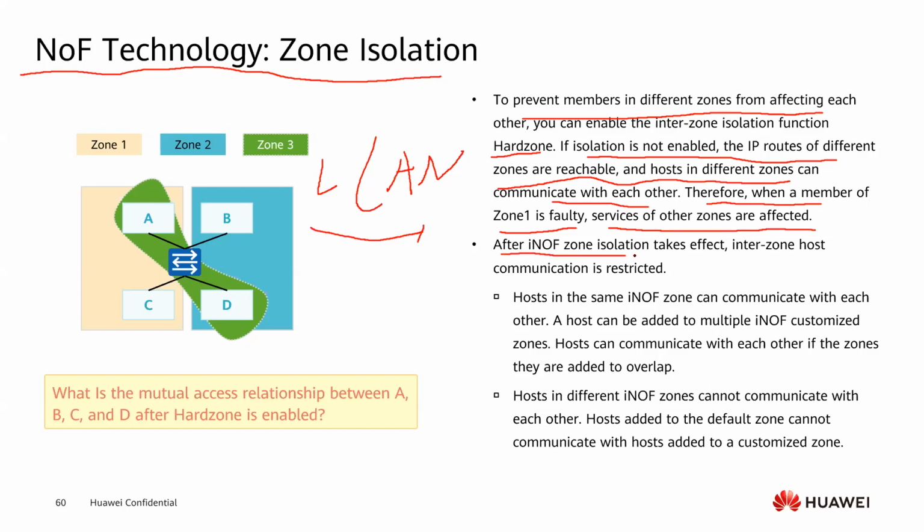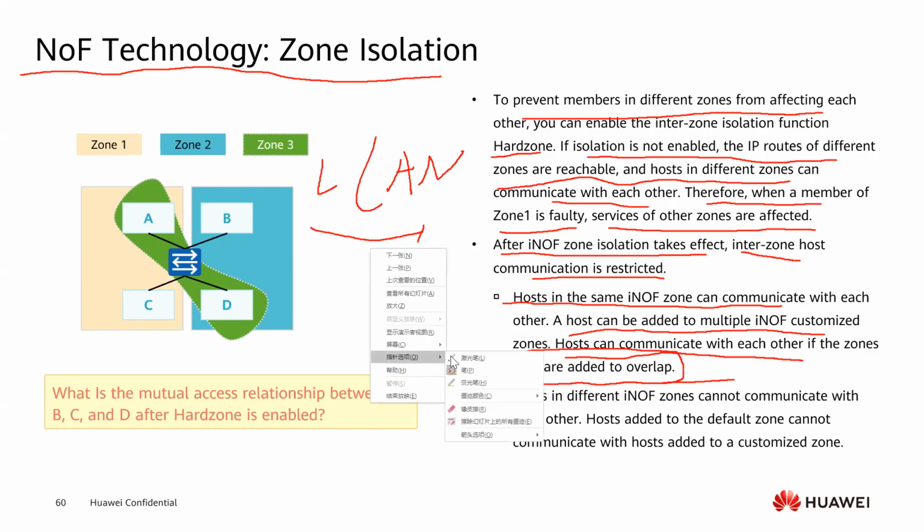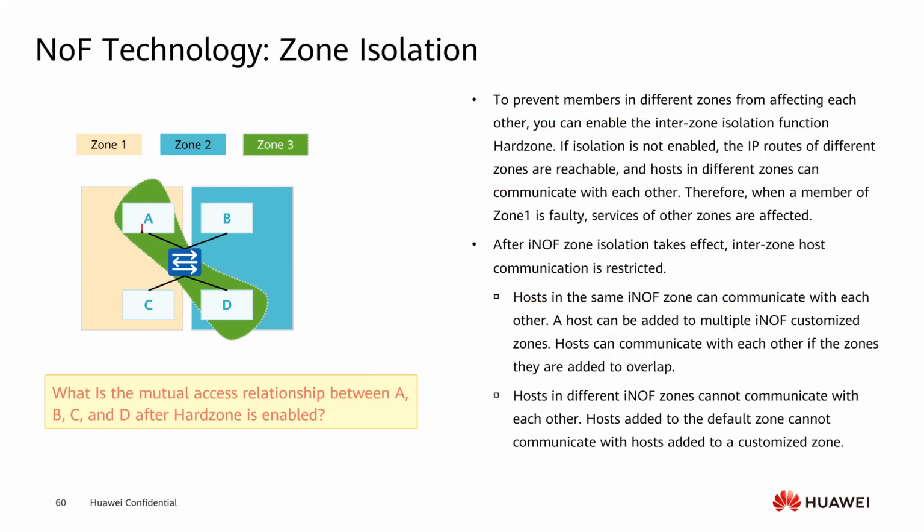After the NOF zone isolation takes effect, inter-zone host communication is restricted. Hosts in the same NOF zone can communicate with each other. A host can be added to multiple NOF zones. Hosts can communicate with each other if the zones they are added to overlap. For example, here A and C are in the same zone, so they can communicate.